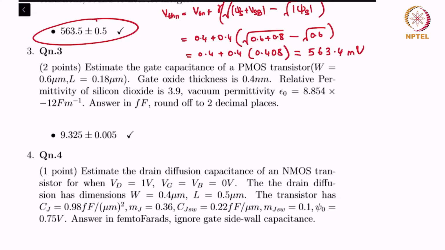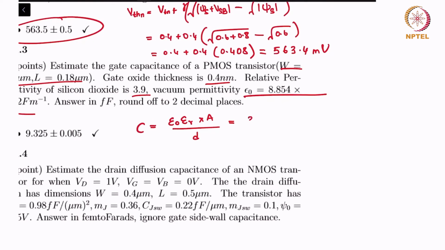Let's look at question 3. We are given a gate capacitor with W and L as such and 0.4 nanometer gate oxide thickness, and we are provided the relative permittivity with respect to vacuum permittivity. So this is a case of a parallel plate capacitor with the following parameters. The capacitance is simply epsilon naught epsilon r into the plate area divided by the distance between plates.